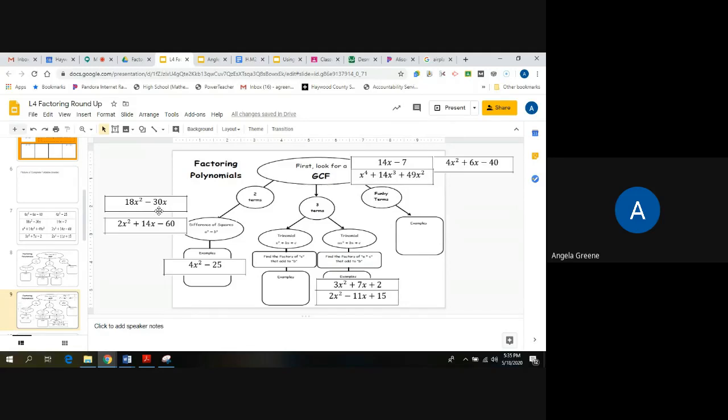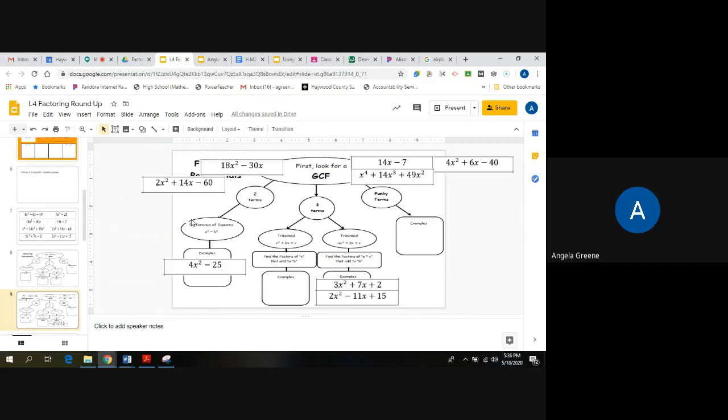What do both 18x squared minus 30x have in common? Well, definitely 6 goes into both of those, but not only that, it's going to be a 6x. So we're going to put you up here. And then now this last one. So looks like we have a GCF. All 3 of those terms have a 2 in common. And so we're going to put you up here for now.